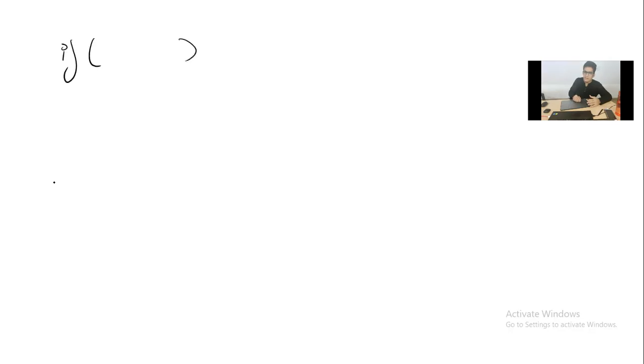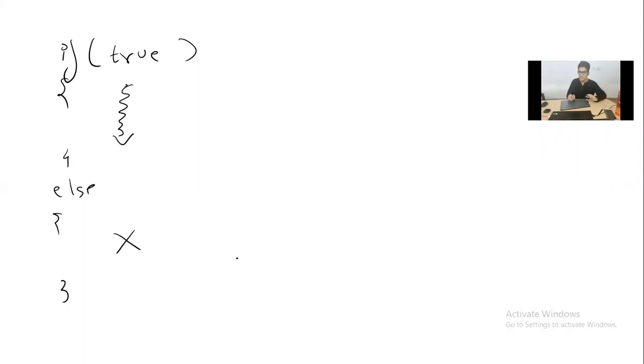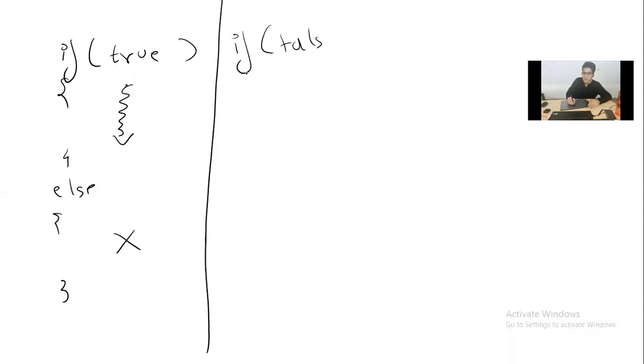I'll be writing the scenarios here, if and else, right? If the condition is true, what will happen is it will execute the if body, but it will not execute the else. That is how your if and else works. Now let me take one condition. What if the condition is false? If the condition is false, it will not execute the if, but it will execute the else.